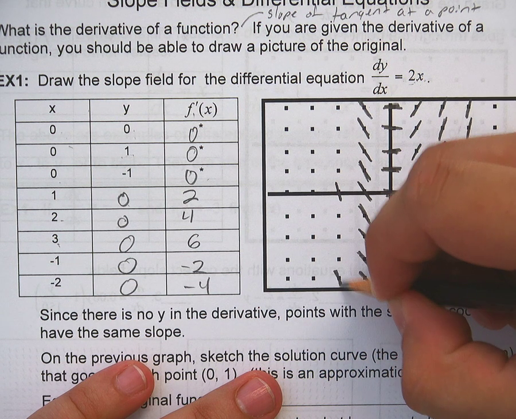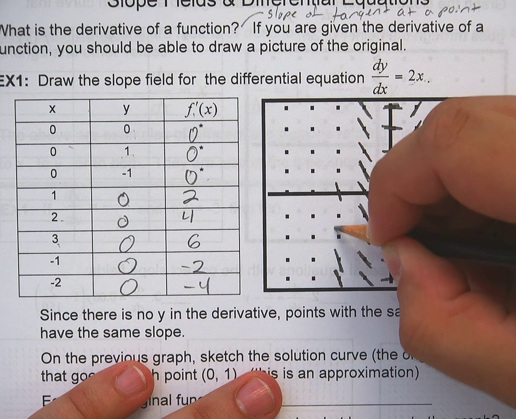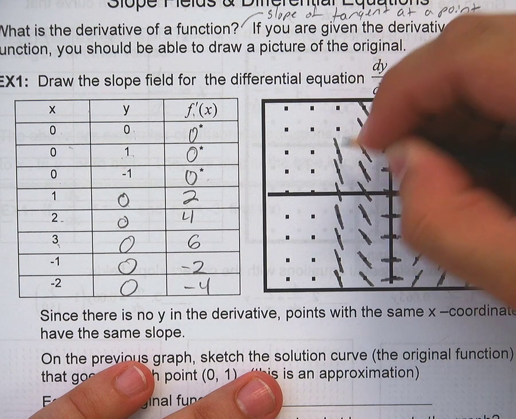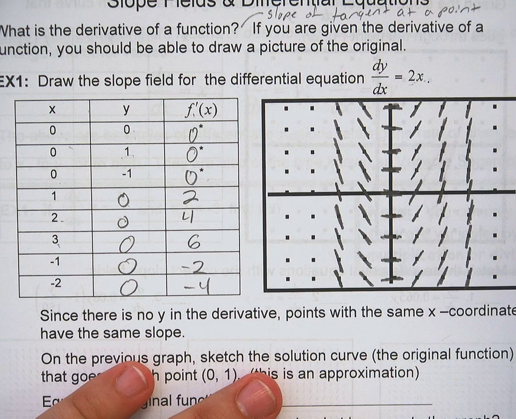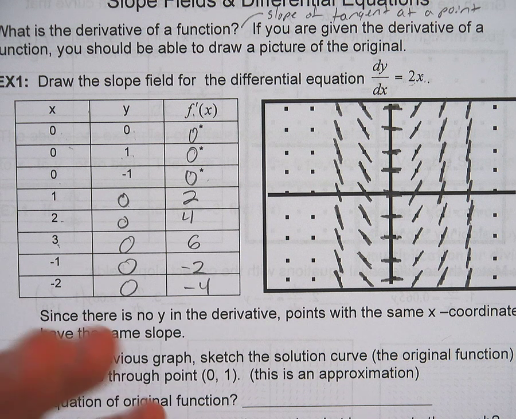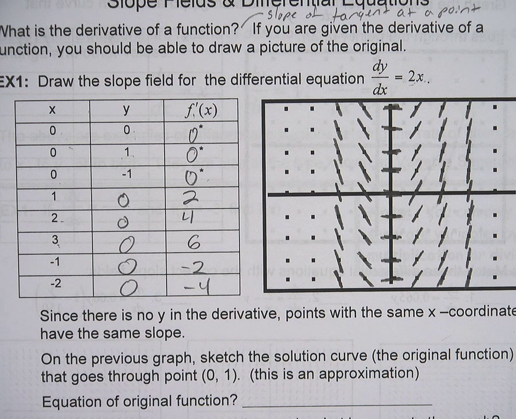And what I have always thought this looked like, and I'll show you a picture of one tomorrow, is a wind map, if you've ever seen a map of the wind. Well, you know what? Let me see if you can see it.